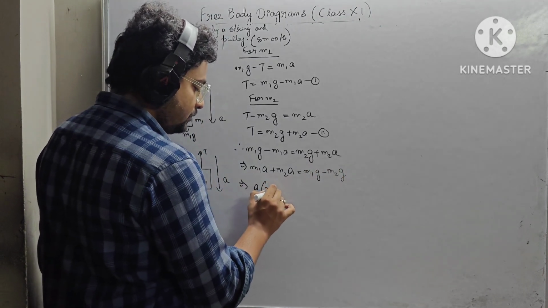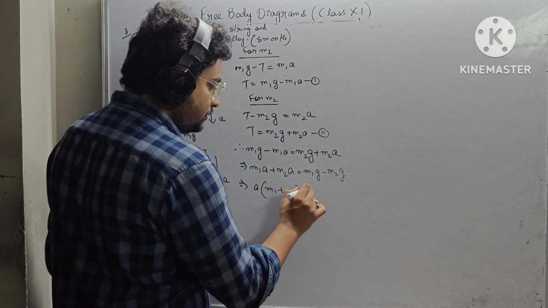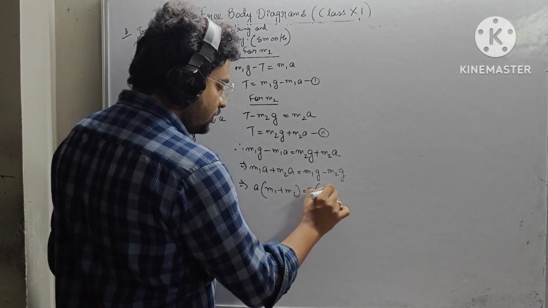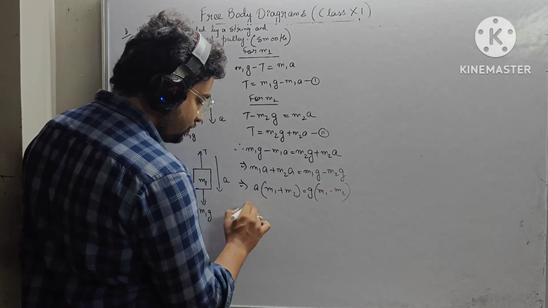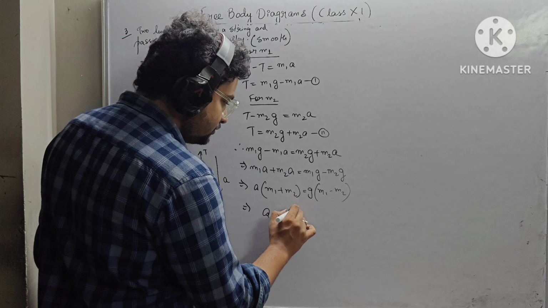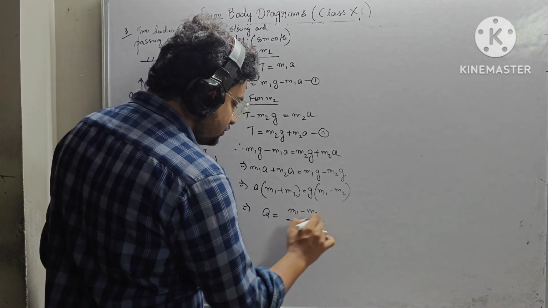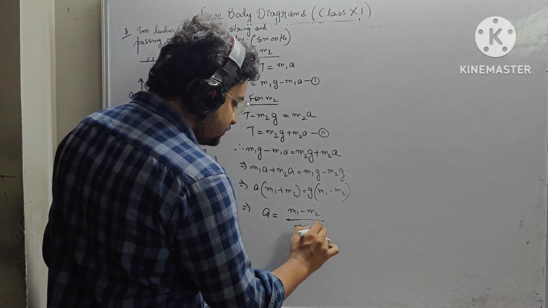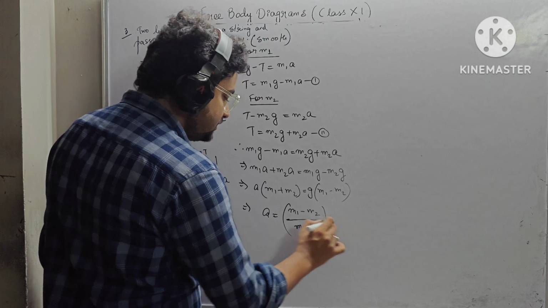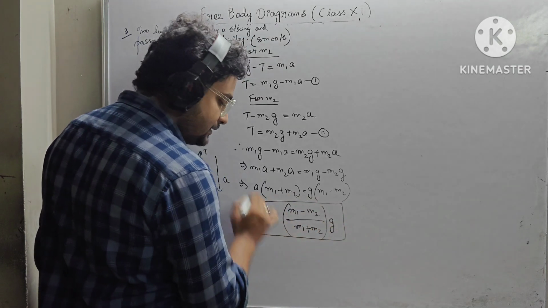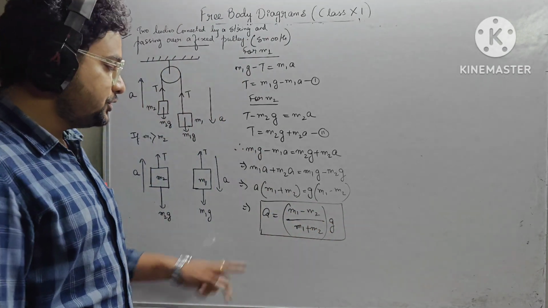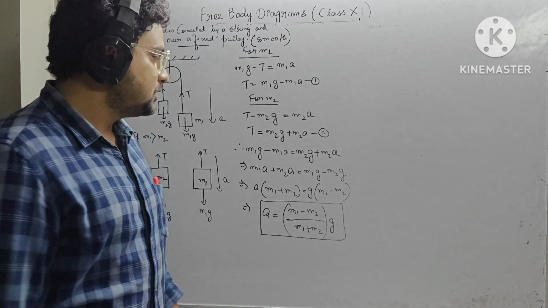So A into (M1 plus M2) will be equal to G into (M1 minus M2). So from here we will get A equals (M1 minus M2) by (M1 plus M2) multiplied by G. This is your acceleration.